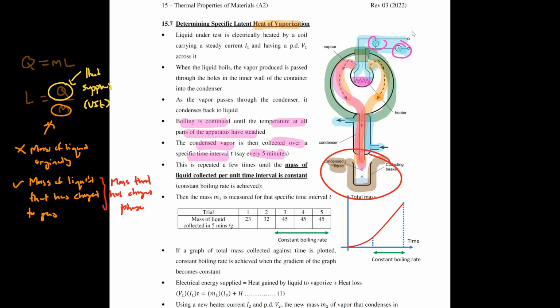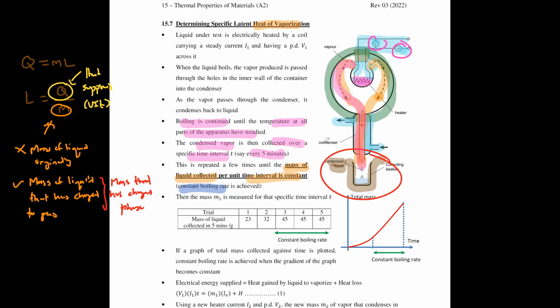So you repeat this every 5 minutes until you notice that the mass of the liquid collected per unit time interval is constant. Okay, it is at this point where you get a constant mass of liquid per unit time interval that we say you have actually reached what we call constant boiling rate.